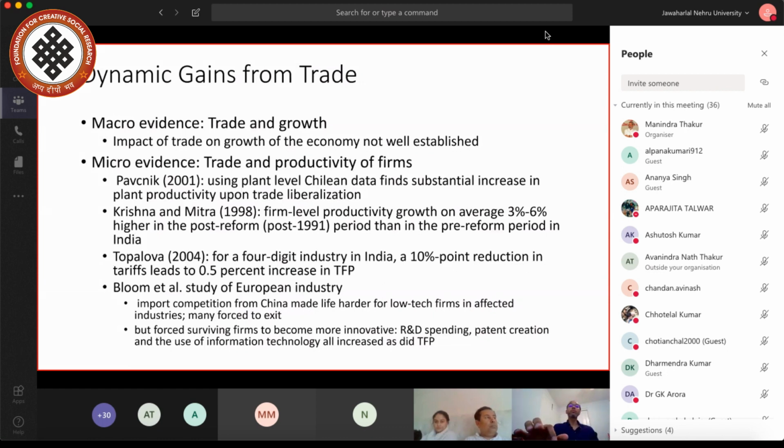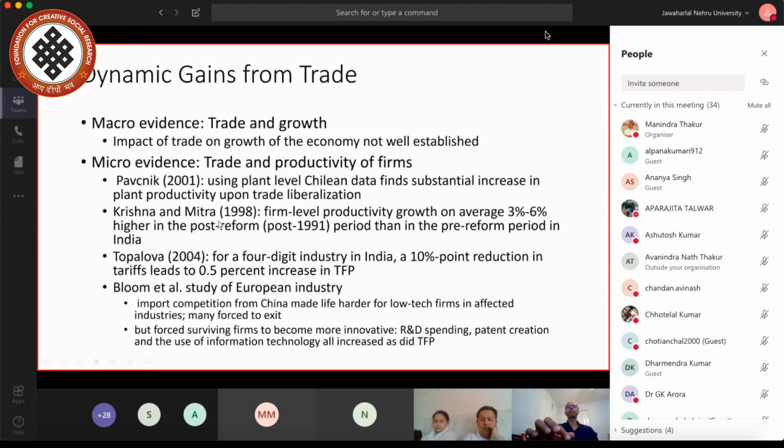If you look at micro level evidence, is it the case that firms that are engaged in trade experience productivity growth? There is some evidence of that. One influential paper, using plant level Chilean data by Nina Pavcnik, finds a substantial increase in plant productivity upon trade liberalization. There are a couple of papers on India that I want to mention.